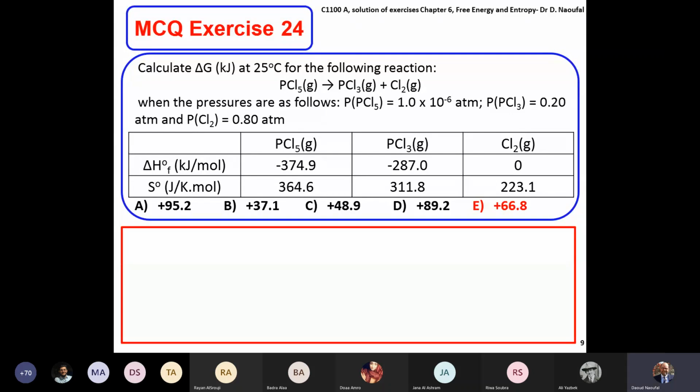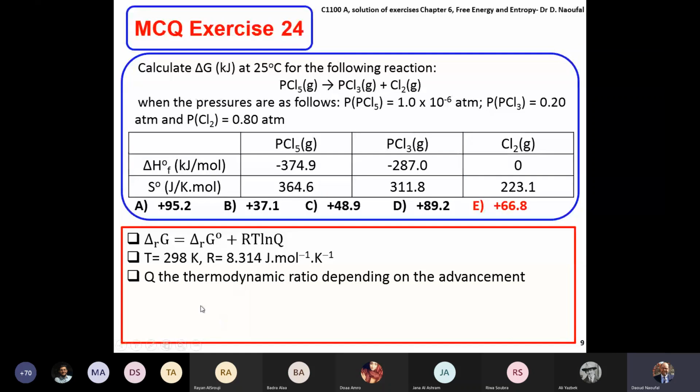So we apply the relation delta G of the reaction is equal delta G0 of the reaction plus RT ln Q. Pay attention when using this relation delta G0 should be at the same condition of the temperature used in the formula. We have temperature equal 298 Kelvin and R equal 8.314 joule per mole per Kelvin.